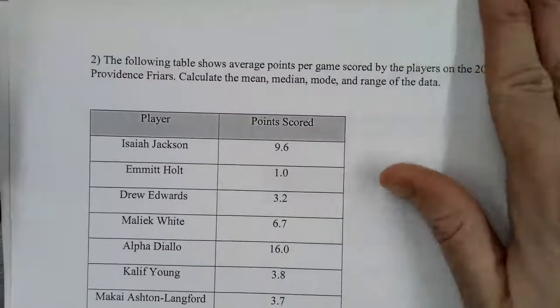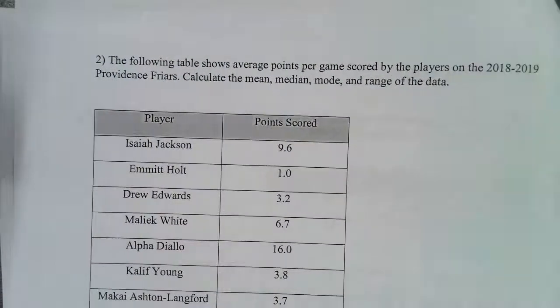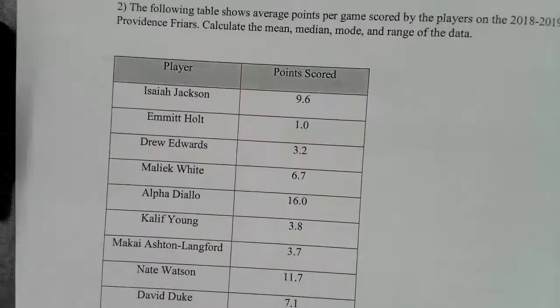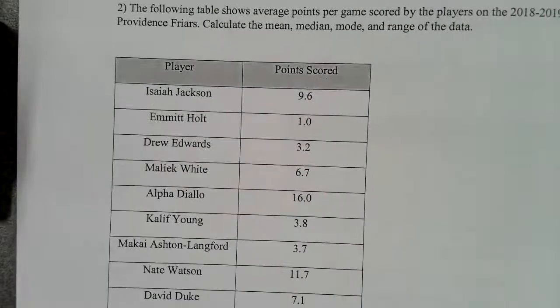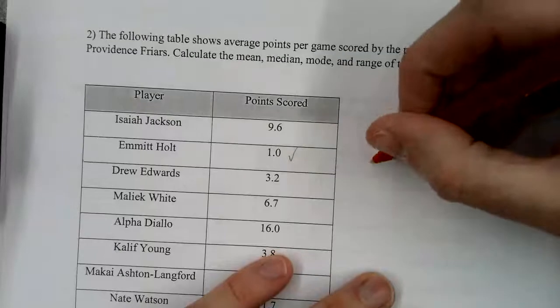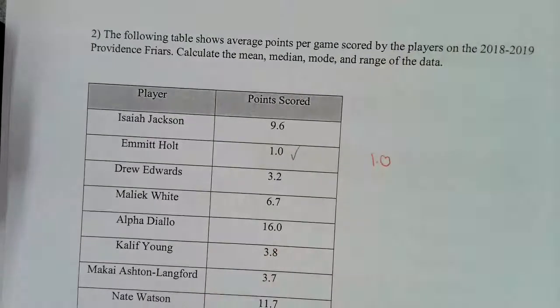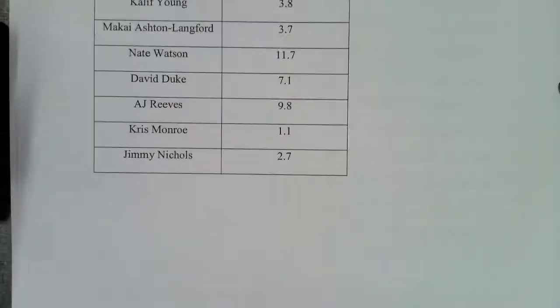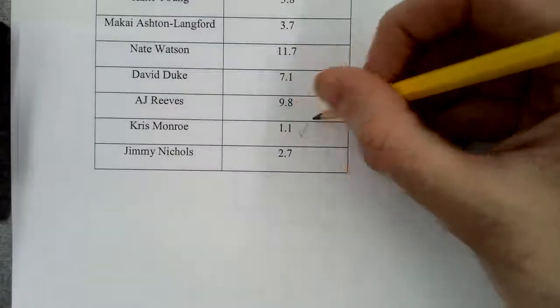The following table shows the average points per game by the players in the 2018-2019 Providence Friars. Calculate the mean, median, mode, and range. Okay. So first put them from smallest to biggest. Smallest number is 1.0. Next smallest number in the table is 1.1.